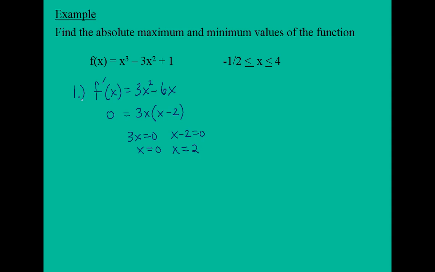So there's step 1, finding our critical numbers. We have critical numbers at x equals 0 and x equals 2. Second, we're going to identify our endpoints. Our endpoints are at x equals -1/2 and x equals 4.